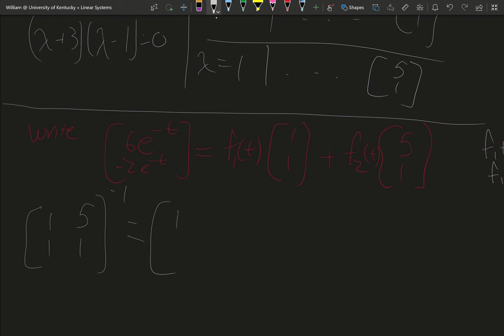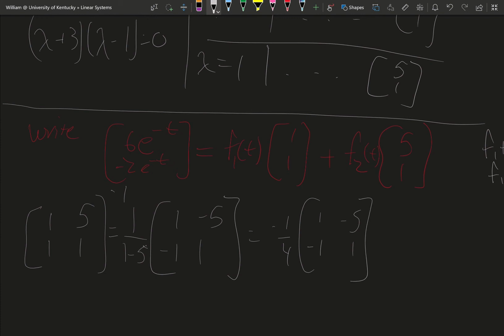Remember what that means: we swap the diagonal entries, well, they're both 1s, and we make the off diagonal entries negative. And then we divide by the determinant. So 1 times 1 minus 5 times 1, 1 minus 5, or -1/4 times 1, 1, -5, -1.